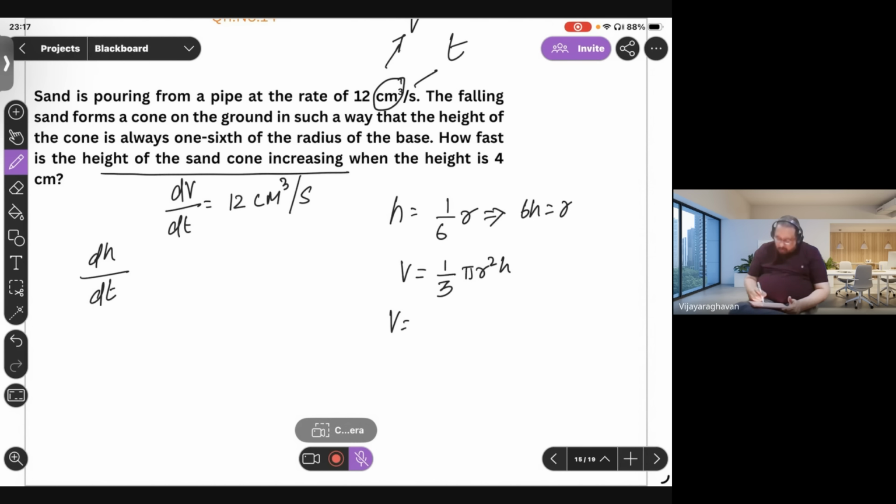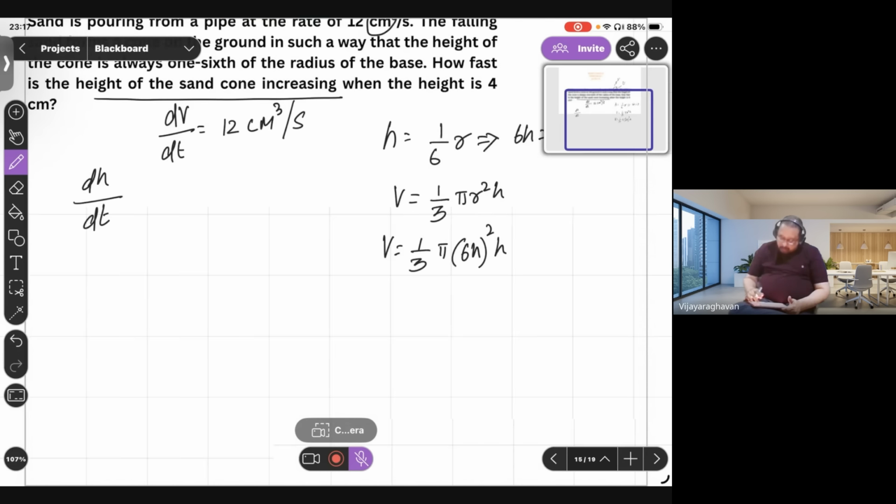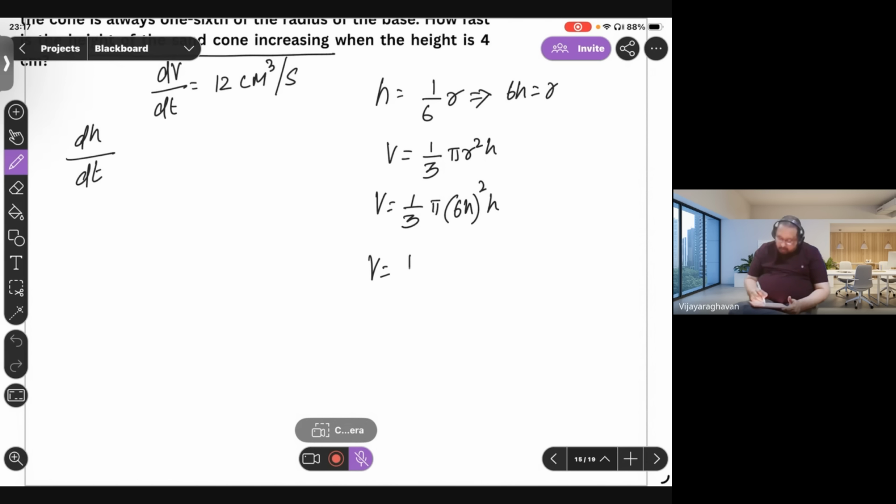So volume equals 1 over 3 pi (6h) square times h, which gives V equals 1 by 3 pi 36 h cube, or volume equals 12 pi h cube. Therefore, dV/dh equals 36 pi h square.